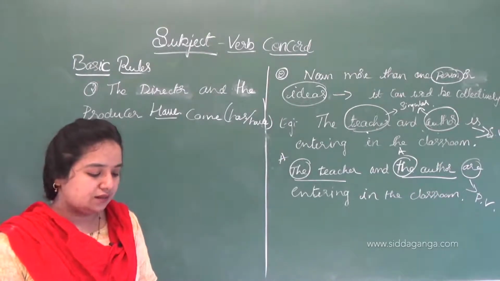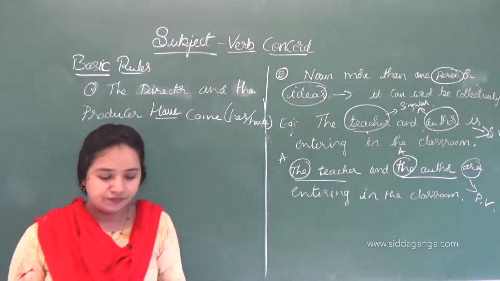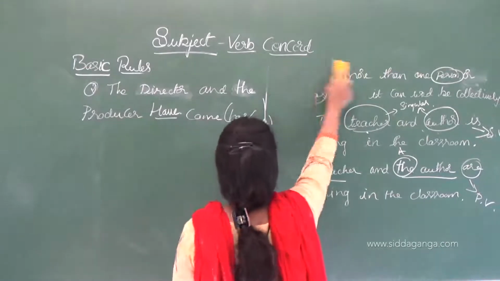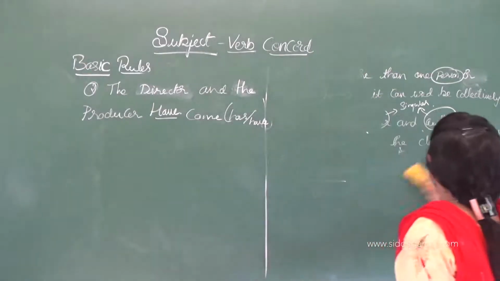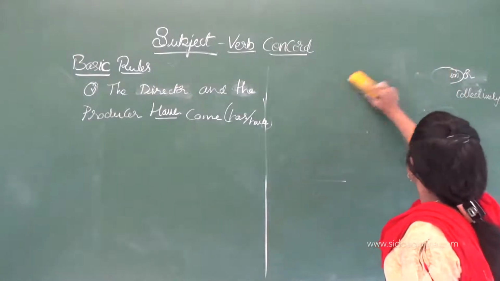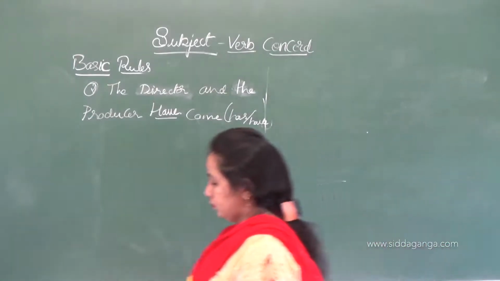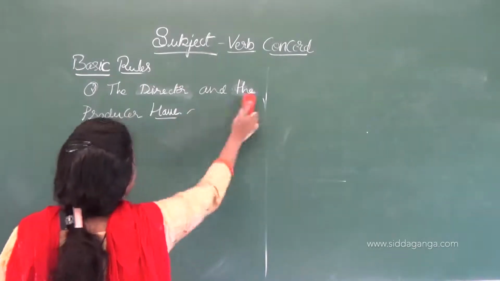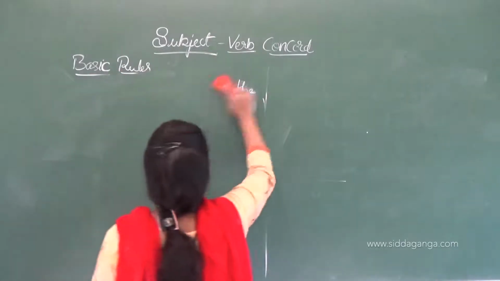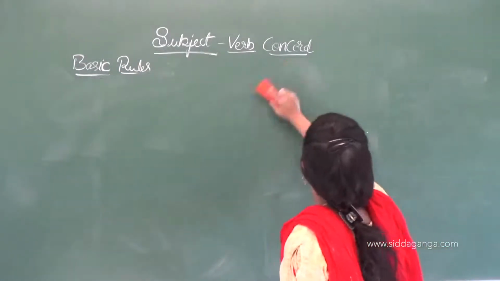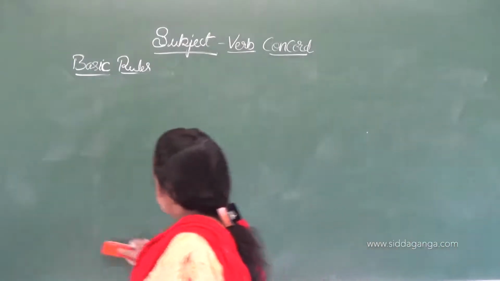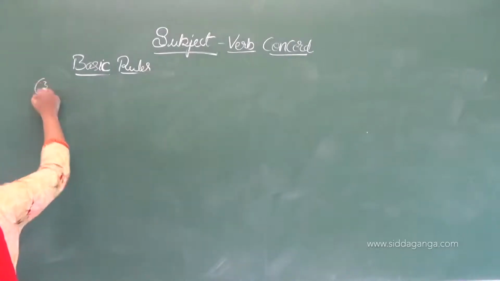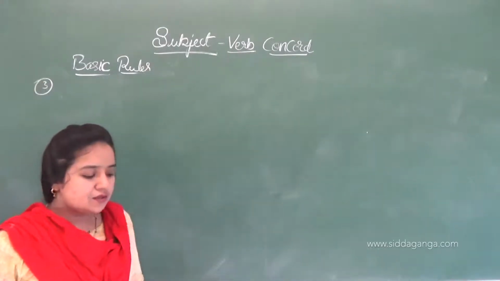Okay, let's talk about the next rule. Next, third rule is singular nouns used in a pair.